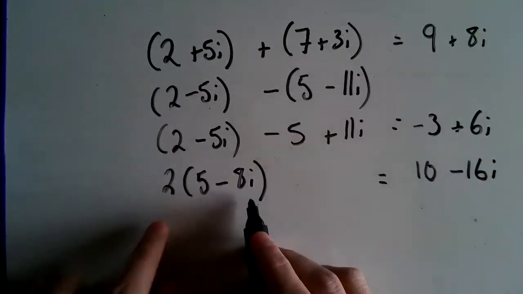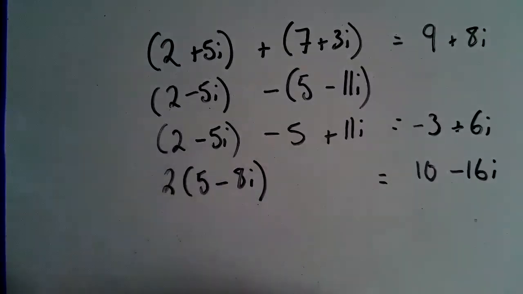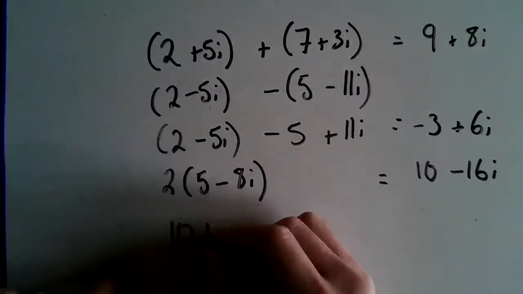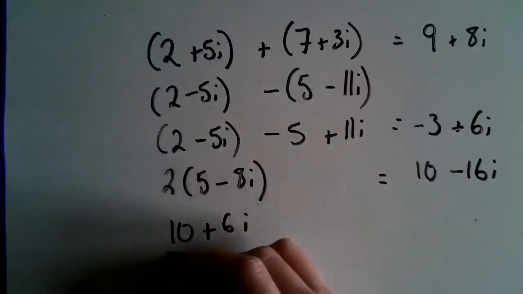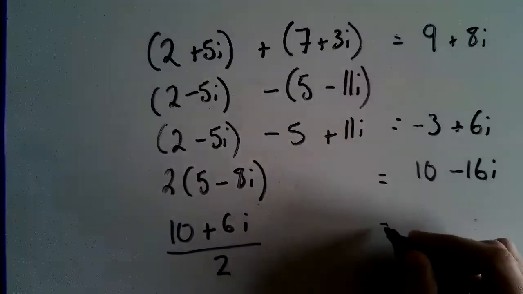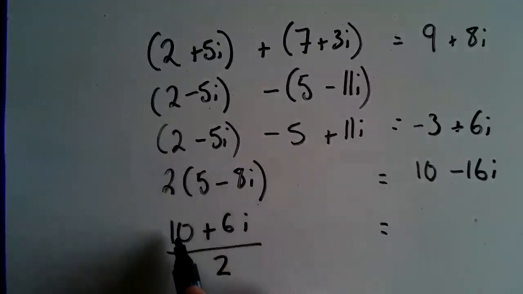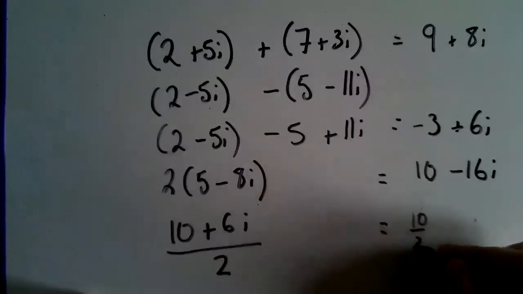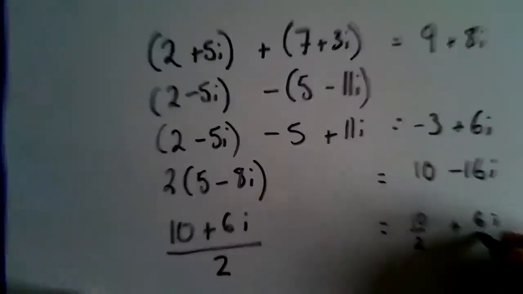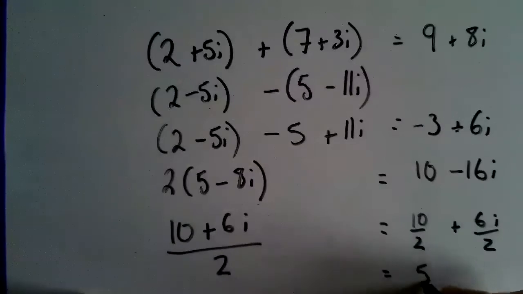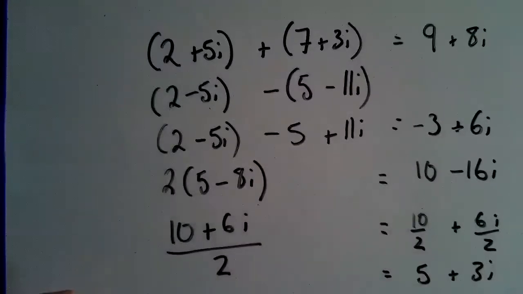Then 10 add 6i divided by 2. Since dividing by 2 is the same as timesing by half, I can times both of these terms by half just by expanding. So I can do 10 over 2 plus 6i over 2, which gives us 5 plus 3i.